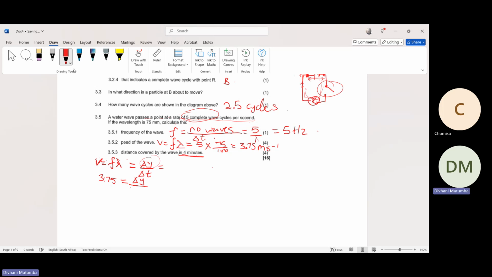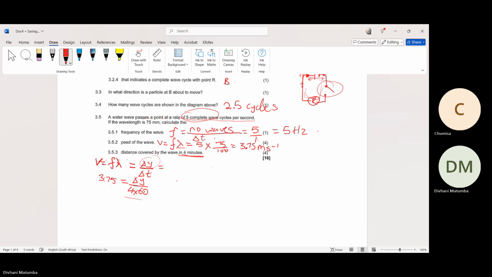It is going to be 240 seconds. So it's going to be 4 times 60. Yes, that's what I wanted to see, because they sometimes do want to see your calculations.